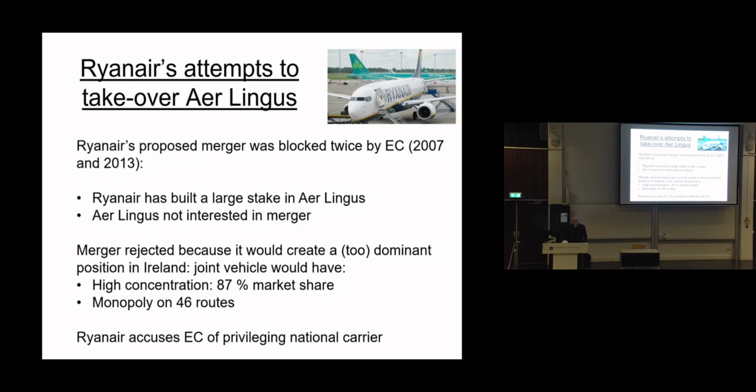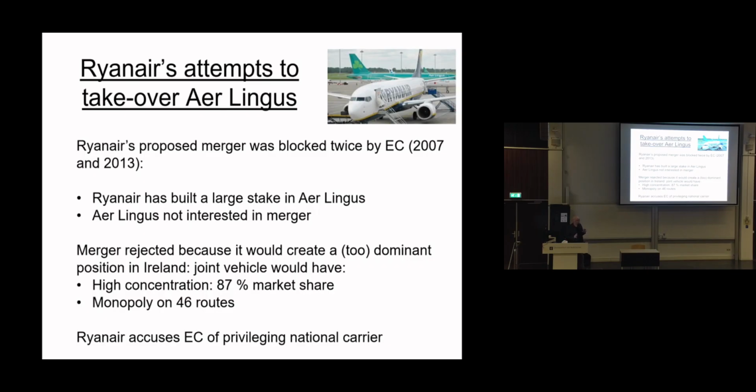The European Commission rejected a merger between Ryanair and Aer Lingus because it would create a too dominant position in Ireland. There would be basically only one company flying to Ireland, and that would give them a dominant position so that they could raise prices. And there would be a high concentration. Here we have it: 87% of the market share and a monopoly on 46 routes.